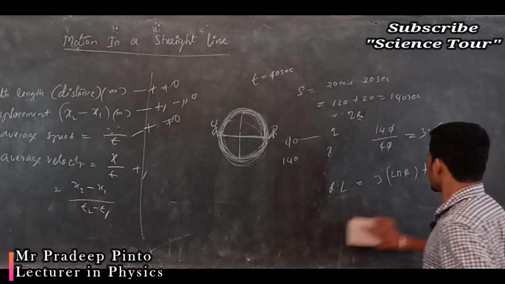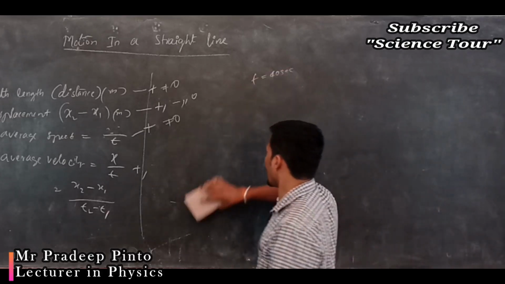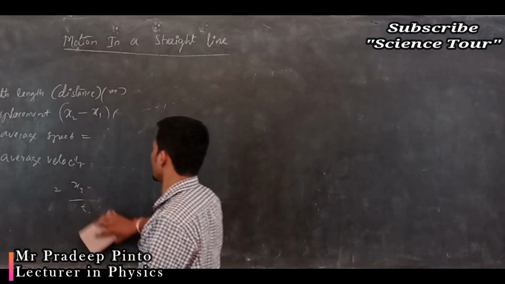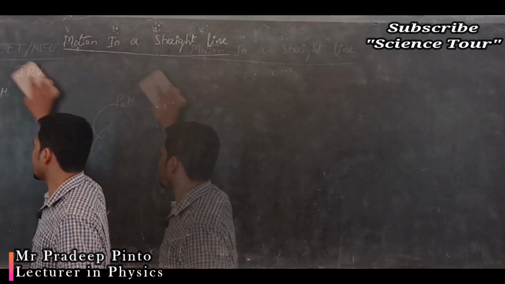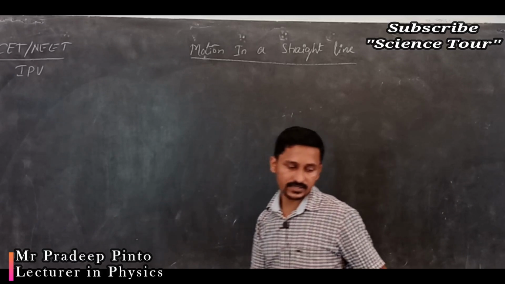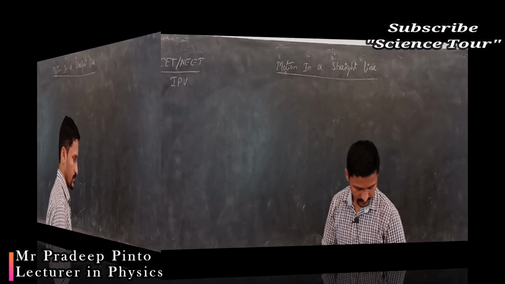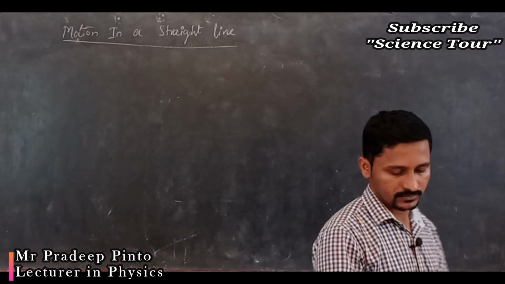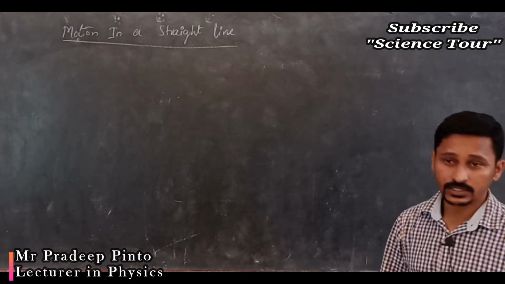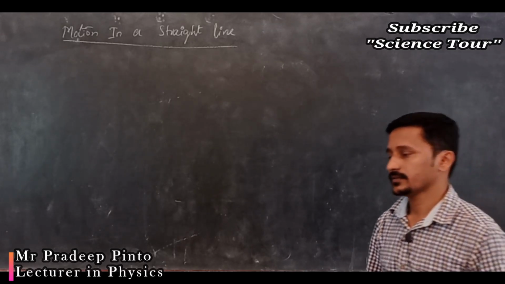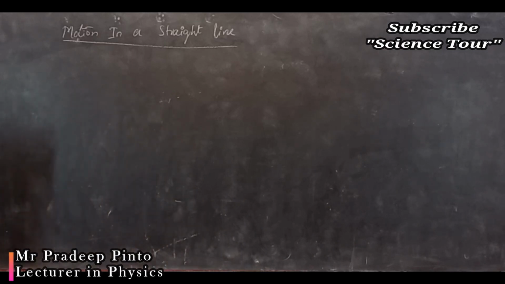So this is about path length and displacement. Now we also get to know about average velocity. We have to go through the detailed formulation of velocity and other things. What do you mean by average velocity and average speed?